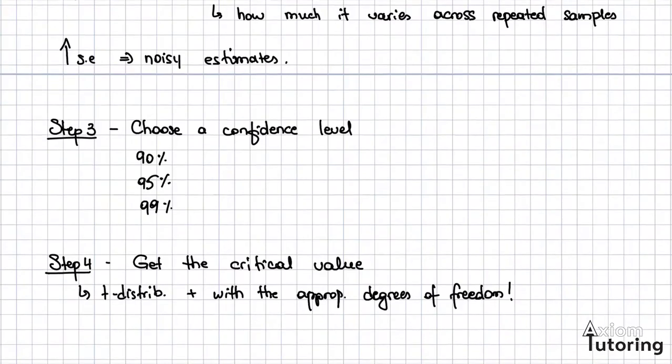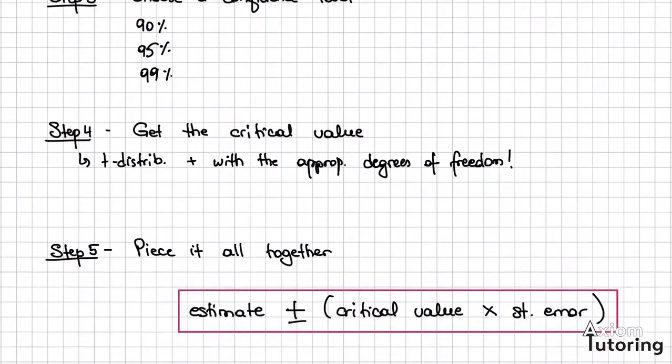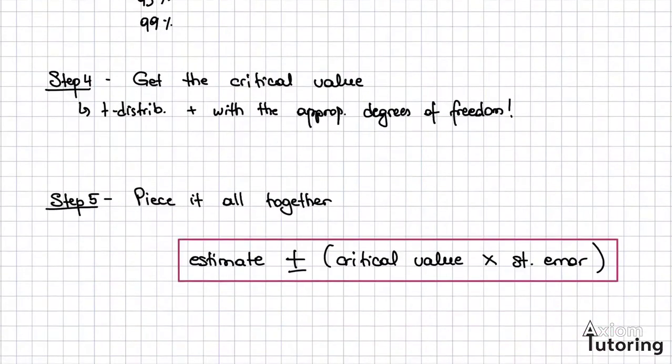After getting all of these ingredients, it's time to piece it all together and construct the confidence interval through this simple structure, which I have put in a box here for you: estimate plus minus critical value times the standard error. This plus minus means that you will have to compute two numbers.